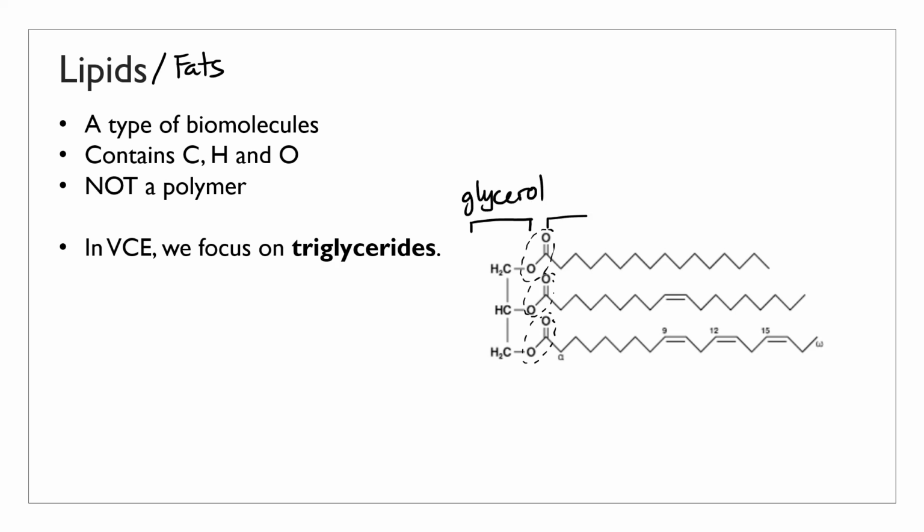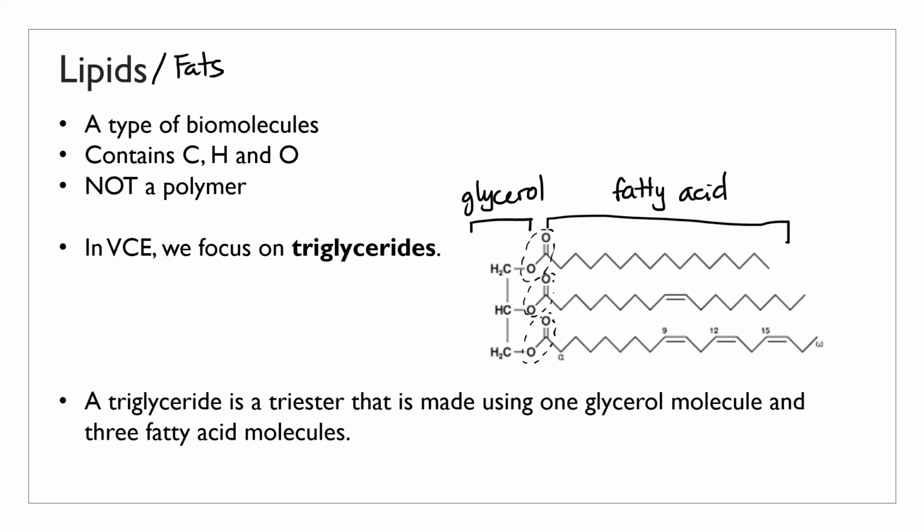And the other reactants, in this case you would have three of them, would be the carboxylic acid, and the specific acids in this case are fatty acids. So in general, a triglyceride is a triester that is made of one glycerol and three fatty acid molecules.